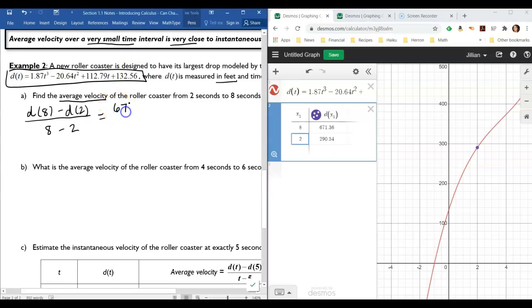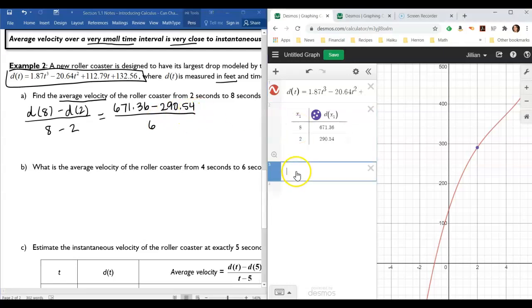And so I have 671.36 minus 290.54 all over 6, and I can type that in down here.